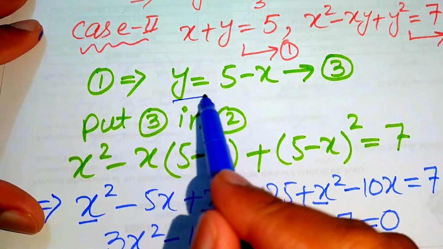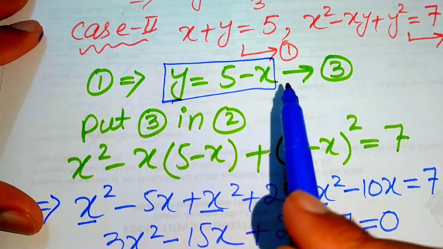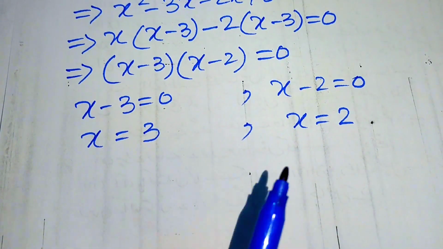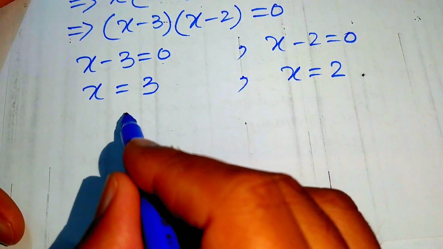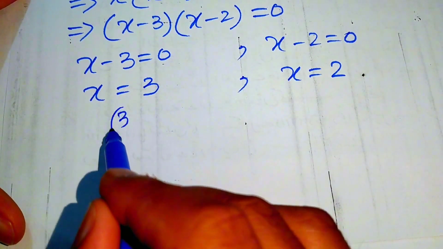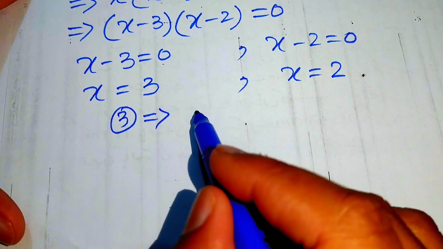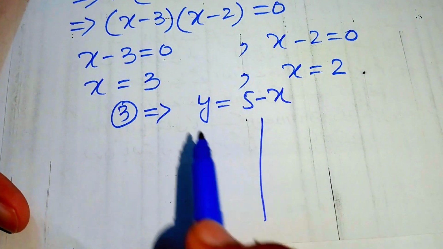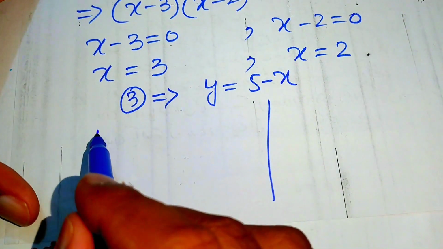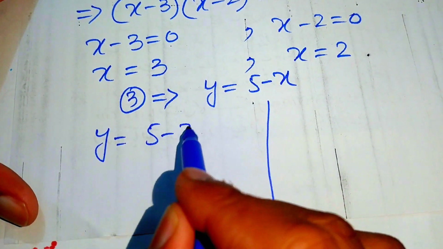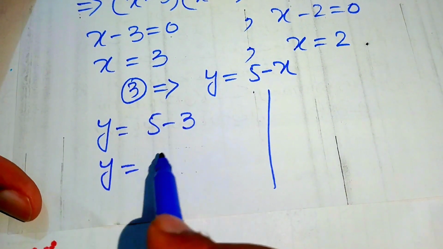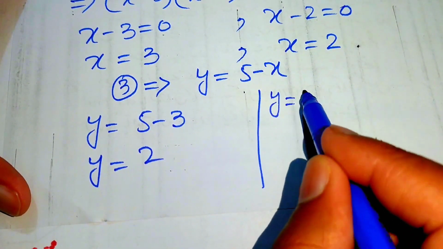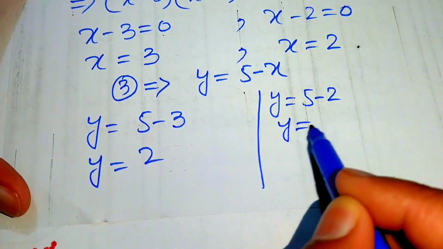So this is our equation number 3. And now we put these values in equation number 3, and we get the values of y. So here first we copy down equation number 3. So equation number 3 implies that y equals 5 minus x, and we substitute these two values of x here, and we get the value of y is 5 minus 3, and we have y equals 2, and when you substitute it here and you get 5 minus 2, it becomes 3.